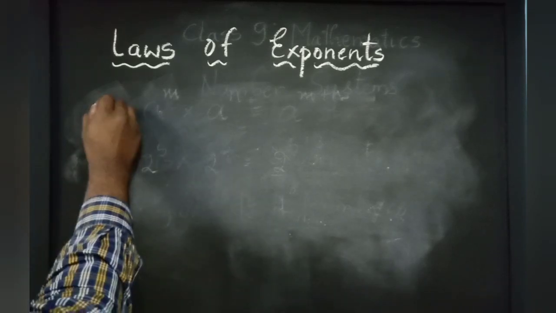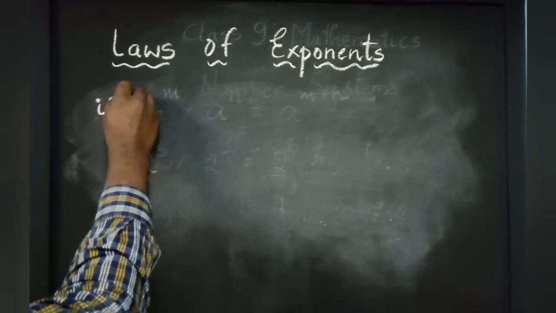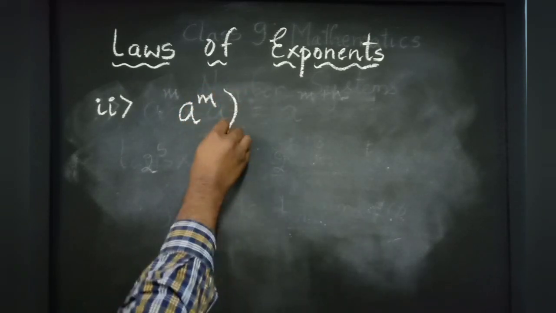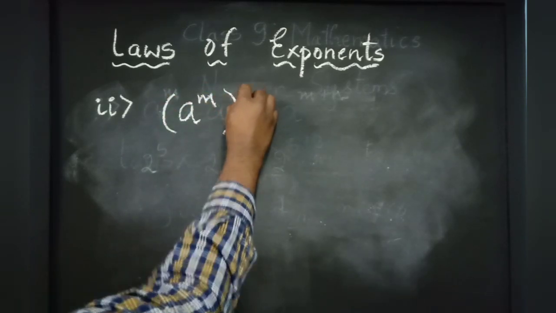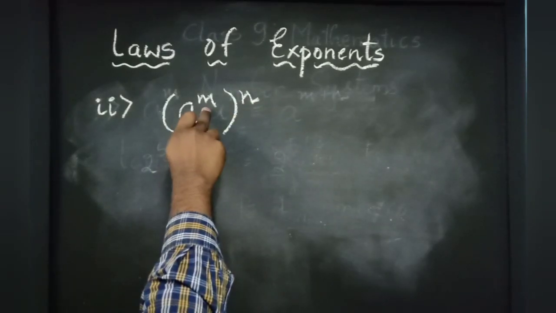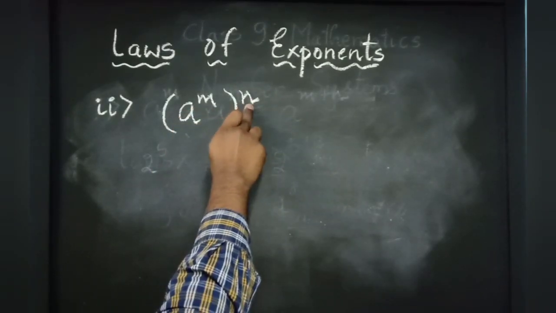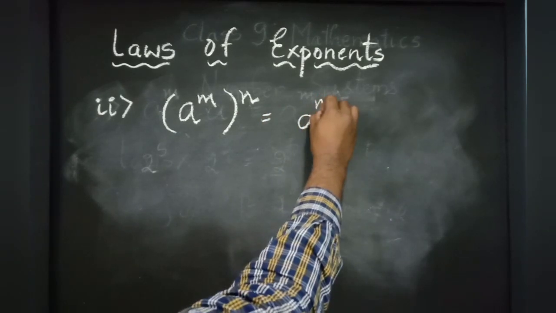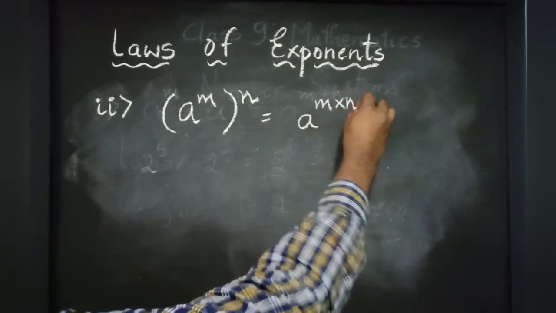The second law of exponent is a to the power m whole power n. A to the power m whole power n can be written as a to the power m into n.